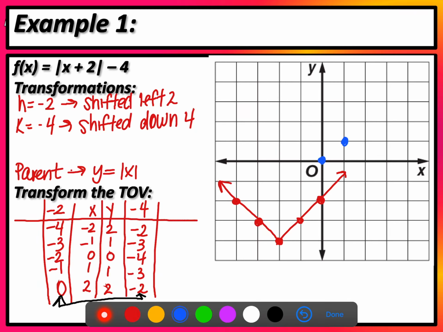Okay, and my parent would have been here. Okay, so you can see we've shifted down 4 units and to the left 2.